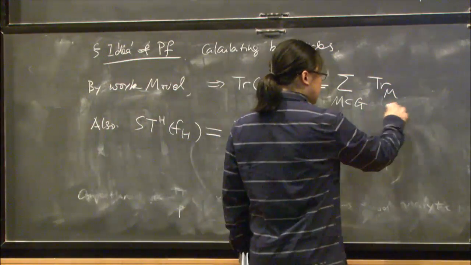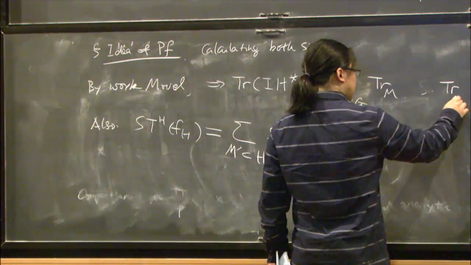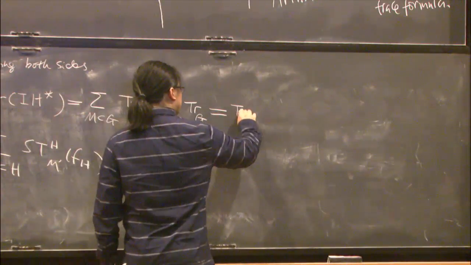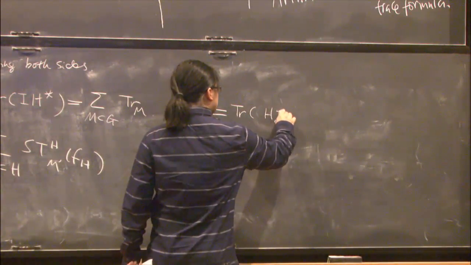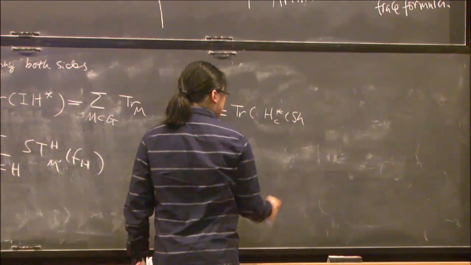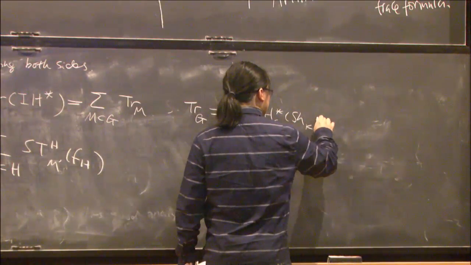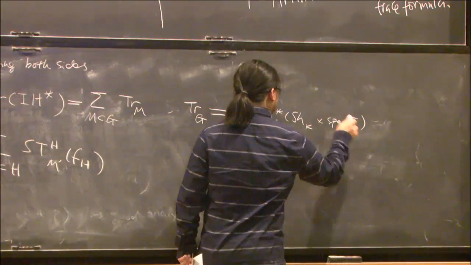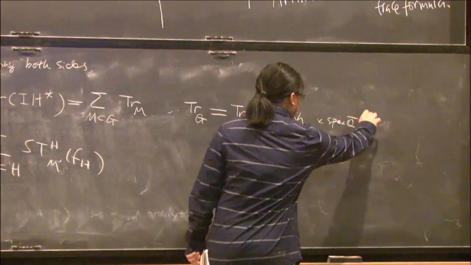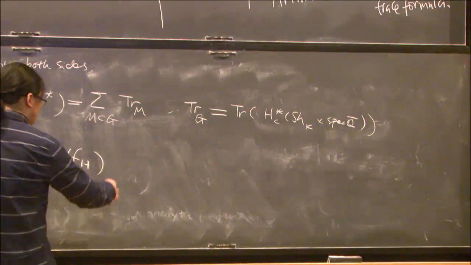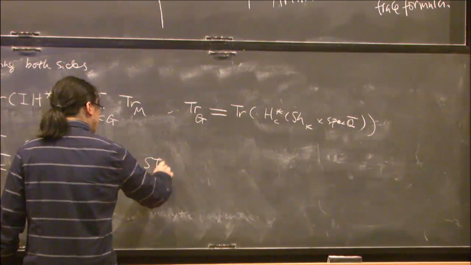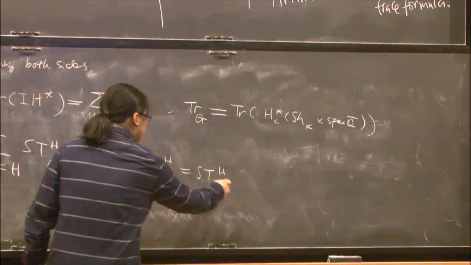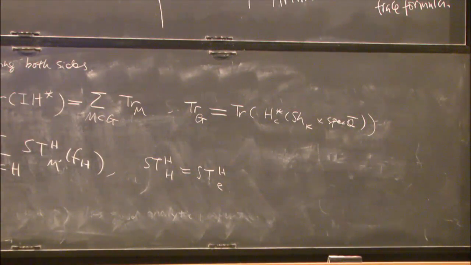Here, in this sum, the leading term, trace_G, is just equal to the trace on the compact support cohomology of the Shimura variety itself. And the leading term here, ST^H_H, is just the elliptic part of the stable trace formula.